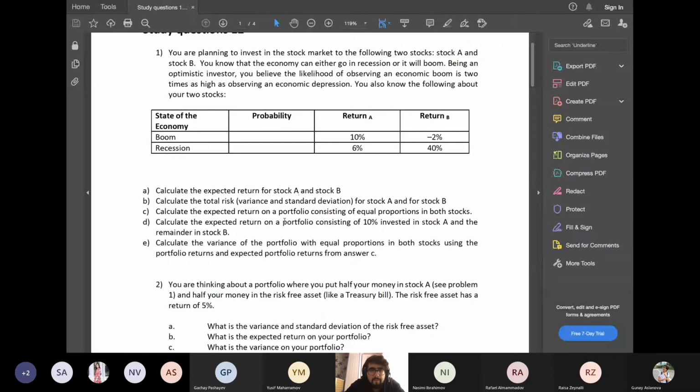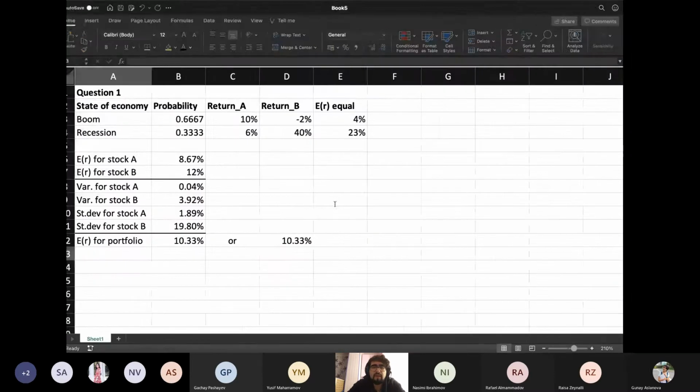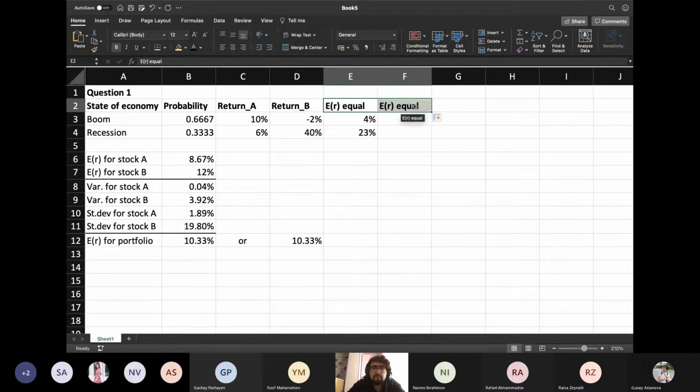So expected return on portfolio consisting of 10% invested in stock A and the remainder in stock B. ER, 10/90.